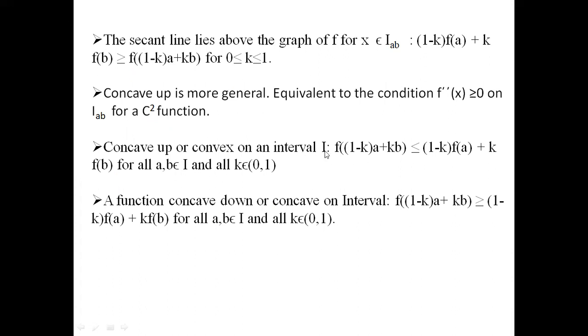Sorry, this is the convex function on an interval I, that is the interval A to B.